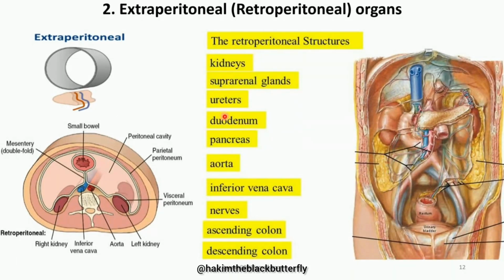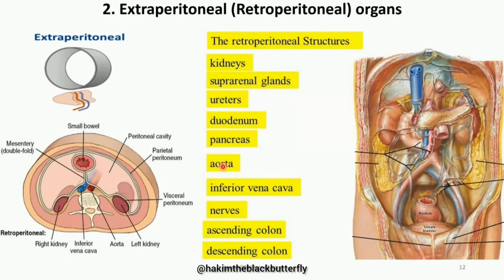Then the duodenum, the bigger part of the duodenum, is retroperitoneal, situated behind the parietal peritoneum. The pancreas, you can see it, the bigger part is retroperitoneal, behind the parietal peritoneum.